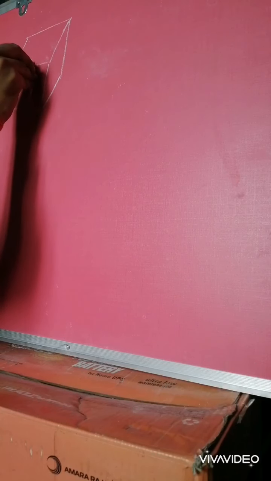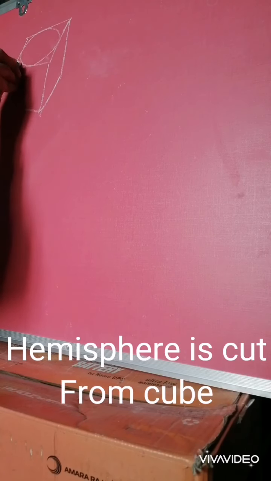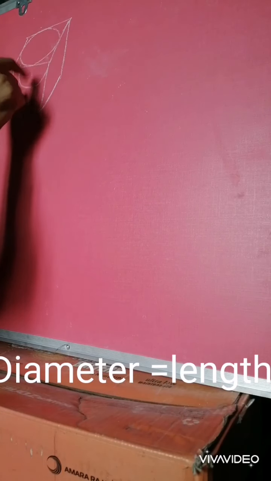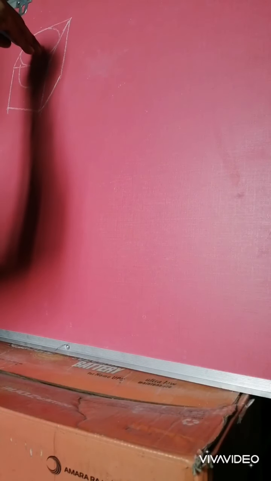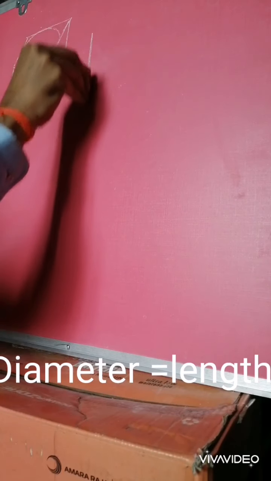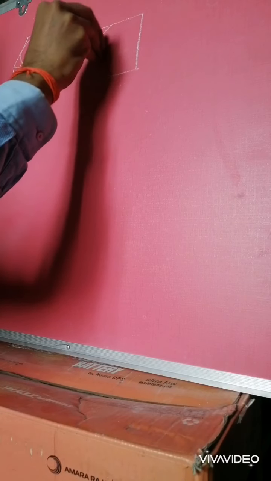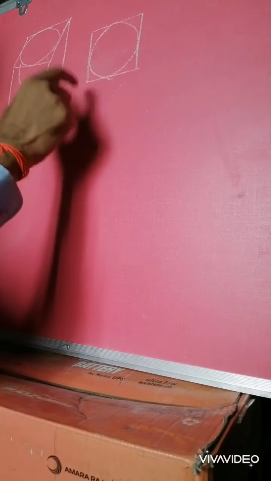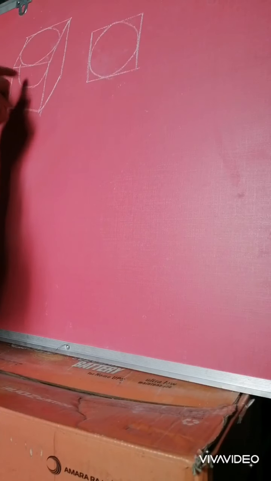From this wooden block, from one face, one hemisphere is to be cut out. This is the hemisphere, it is to be cut out. That means if you see, the top view will be like this. This is the top, and the front view you can see like this. Okay, a hemisphere is cut out.